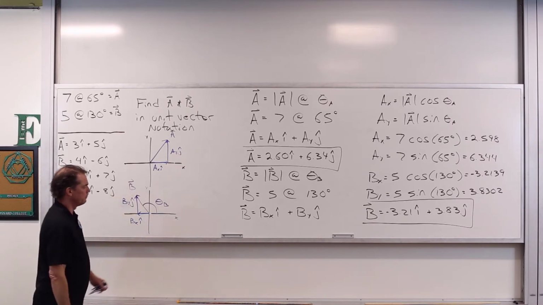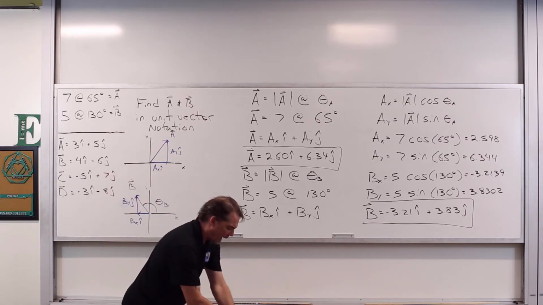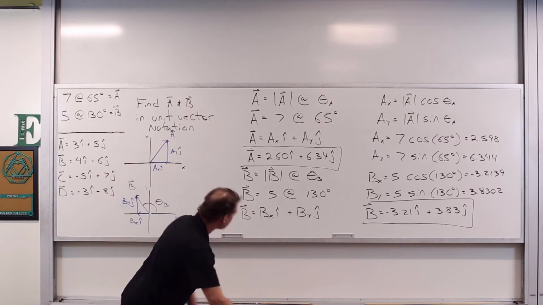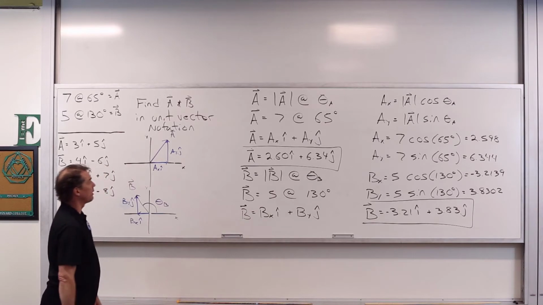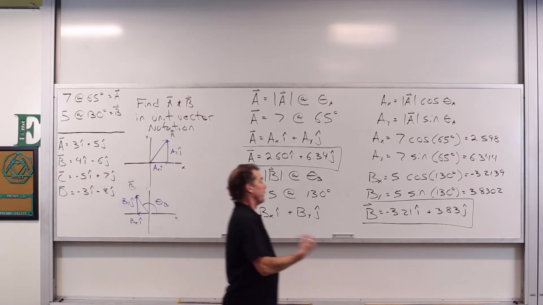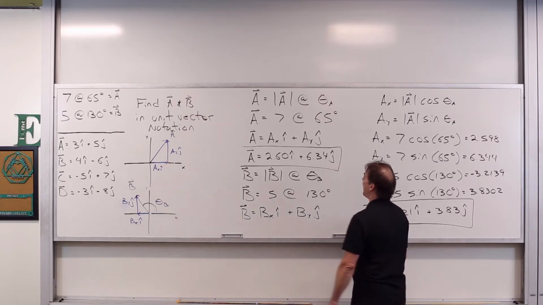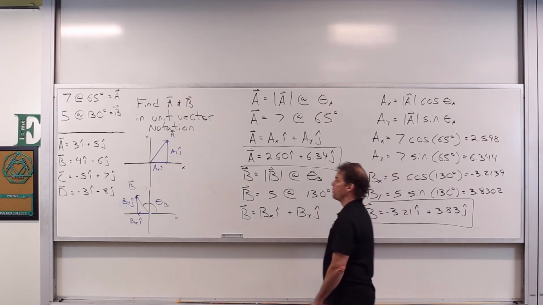So do it. All right, so let's go ahead and look at another problem where we're doing the converse of this. We are going from unit vector notation into a magnitude and a direction. So here's the problem for that.